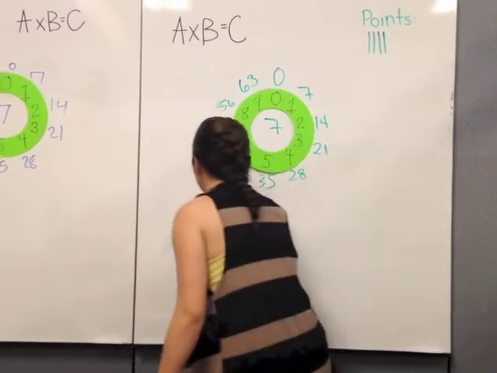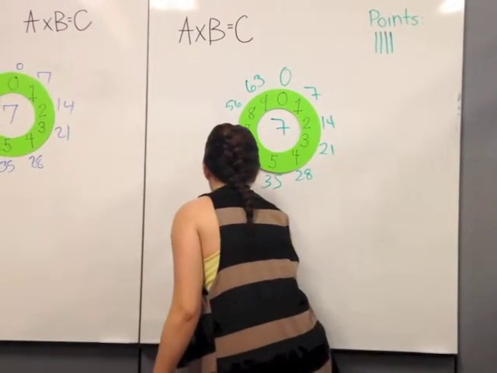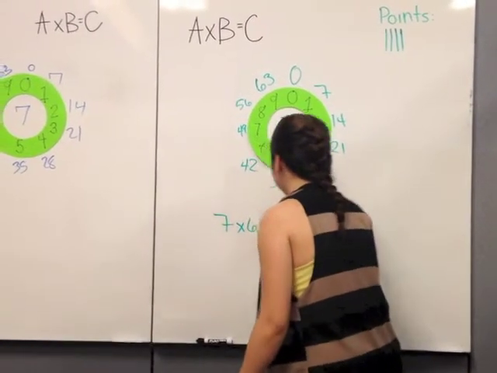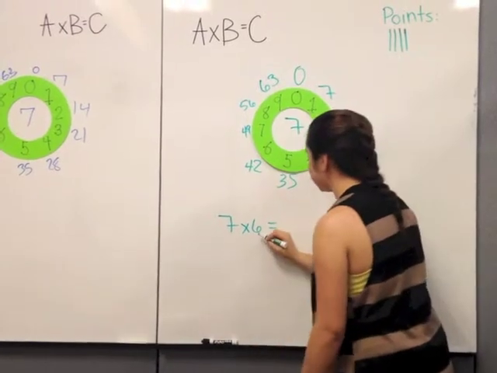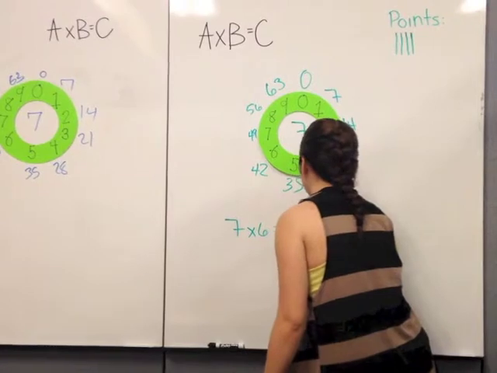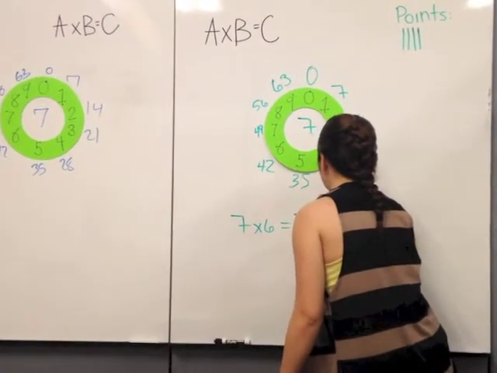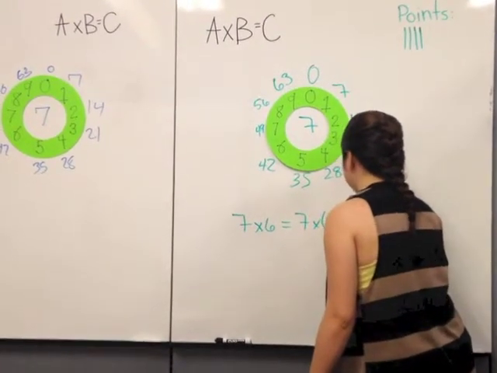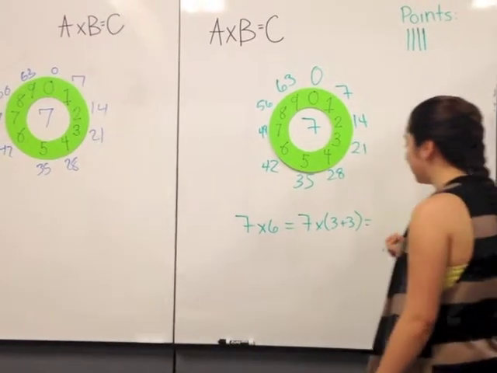Okay, so I do 7 times 6 equals, what I do is I split 6 into 3 plus 3. So I do 7 times 3 plus 3. I then distribute.